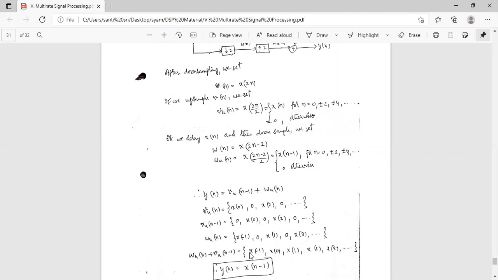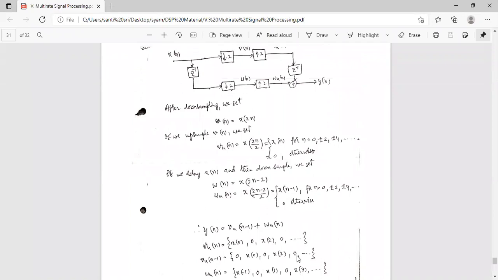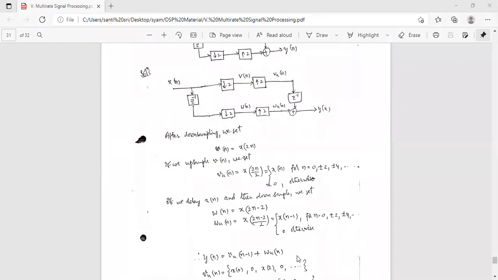So adding vu of n minus 1 and w of n, we get x of minus 1, x of 0, x of 1, x of 2, x of 3, etc. So y of n is equal to x of n minus 1. This is the solution. Like this, we can do the problem.